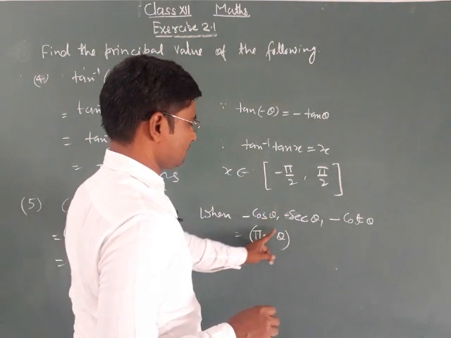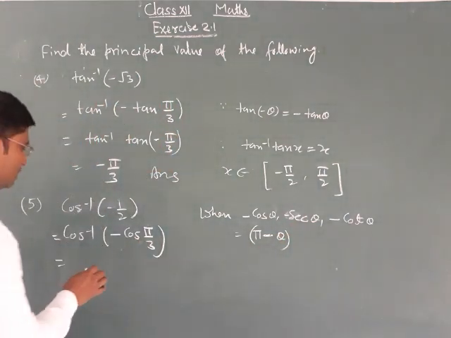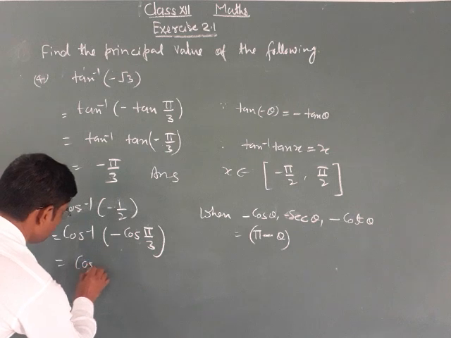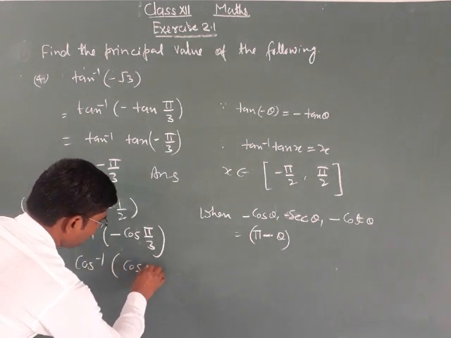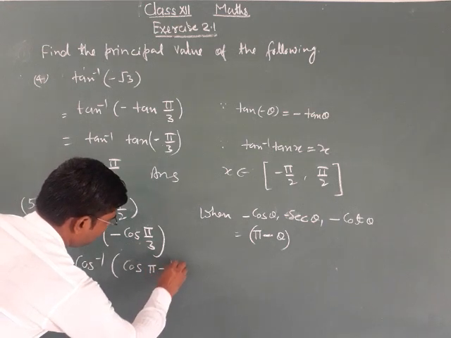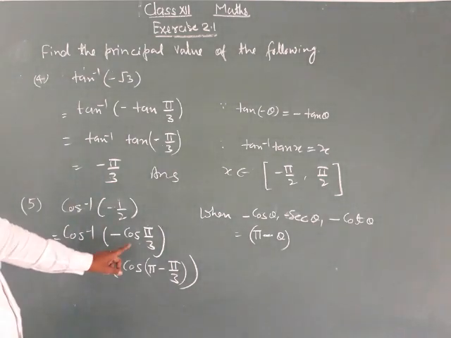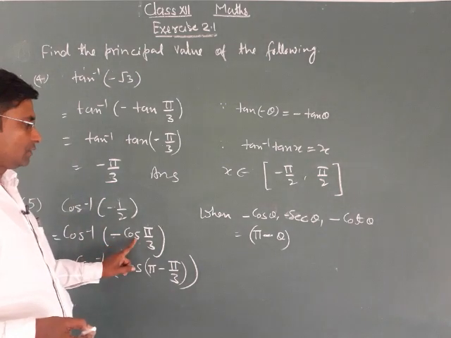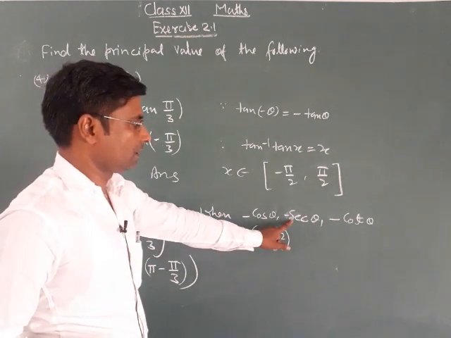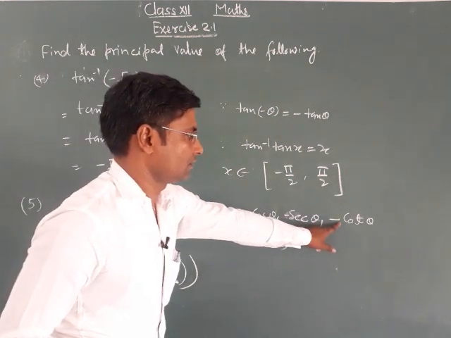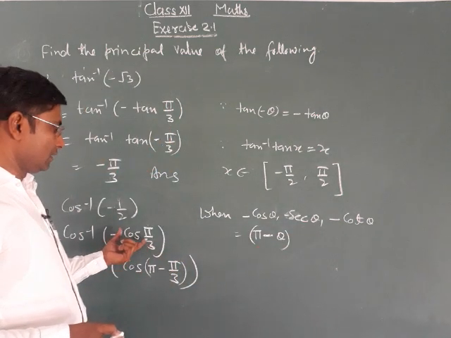So cos inverse of cos of pi minus pi by 3.